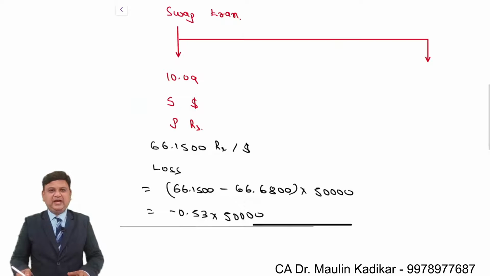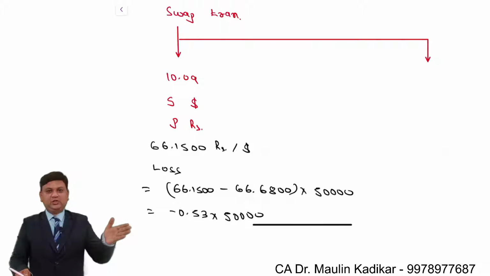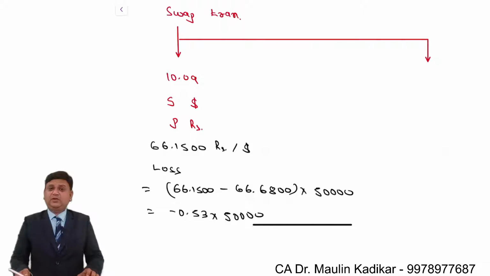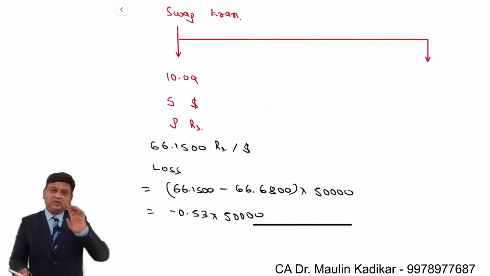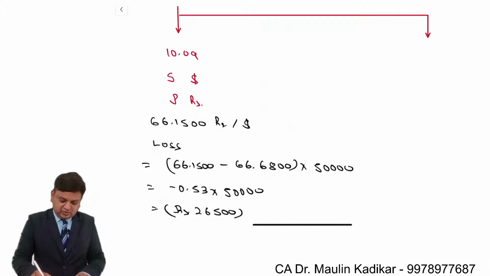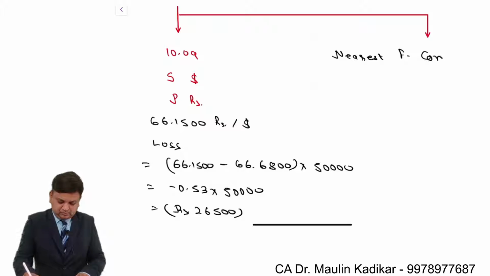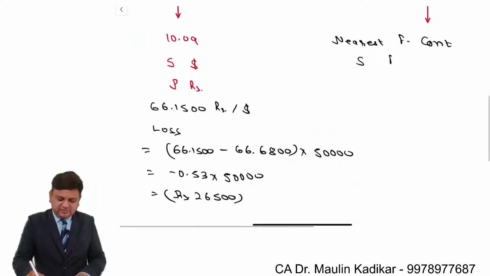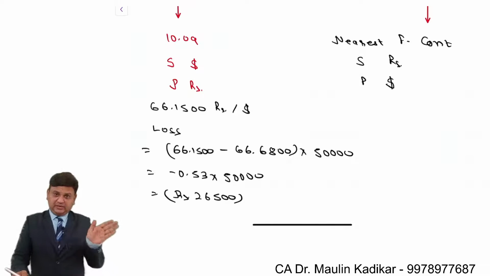I know that I am under obligation to give dollar to the customer if he comes to me at any point of time. So I will enter into the interbank market for the nearest forward contract, for sell of rupees and purchase of dollar, so that I can buy dollar from interbank to give dollar to my customer.